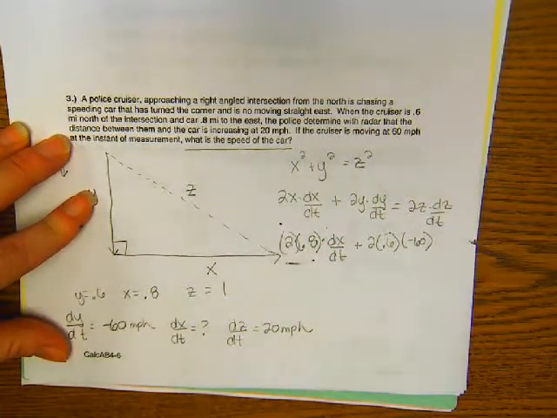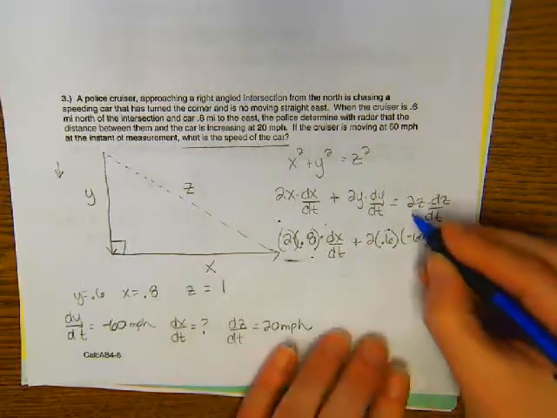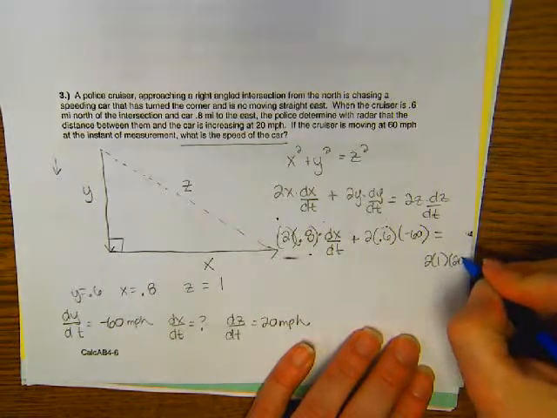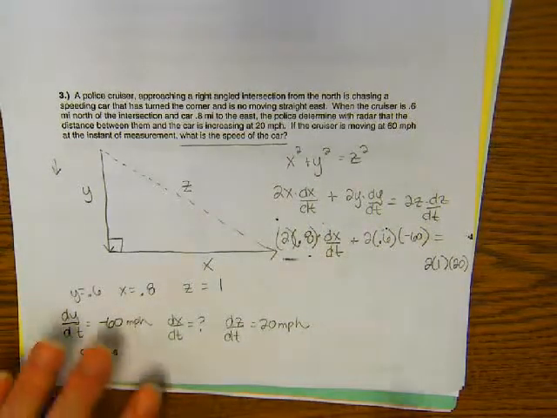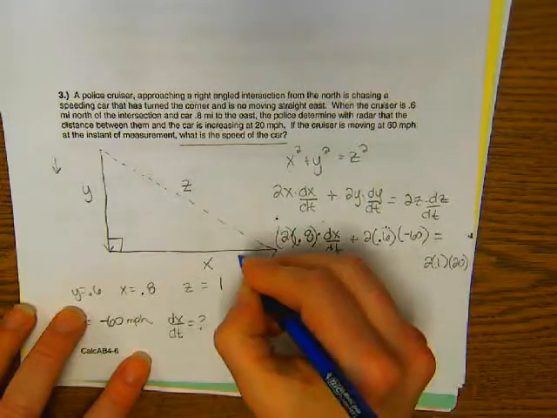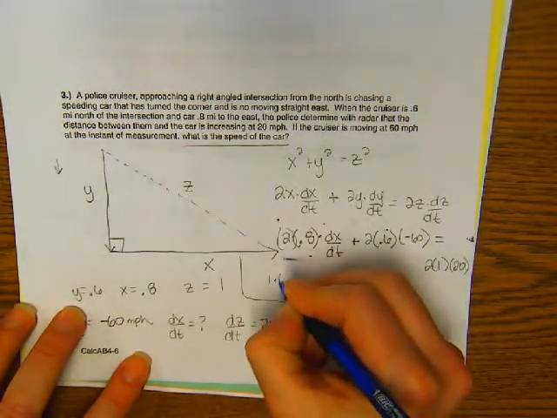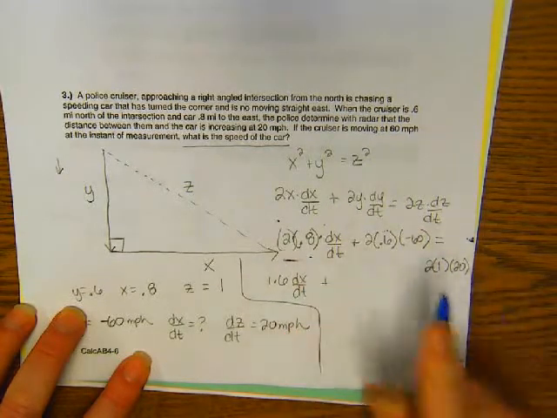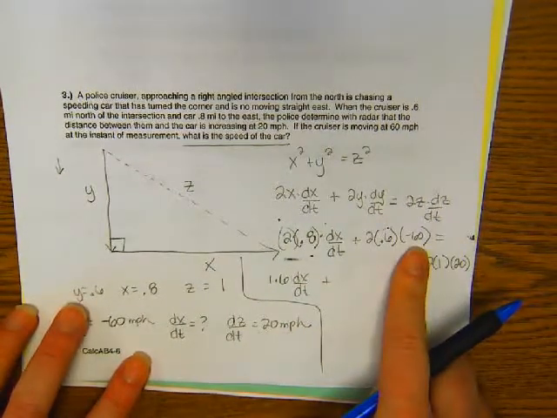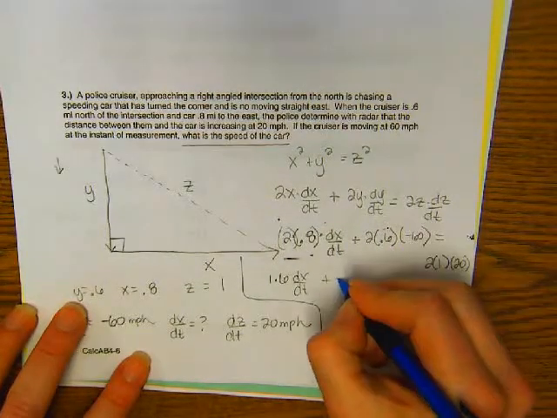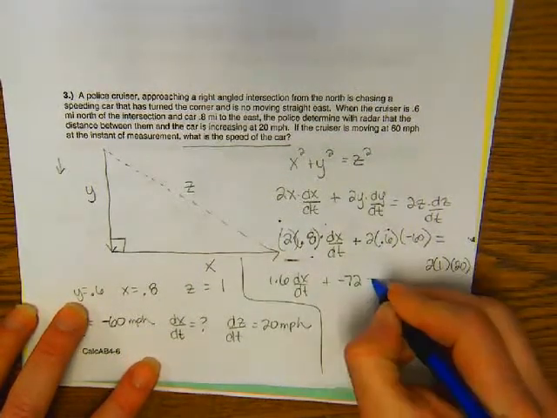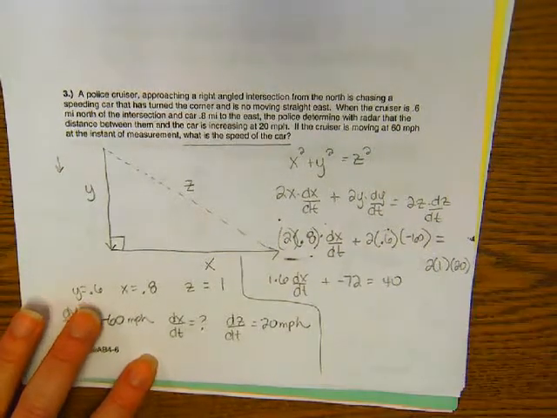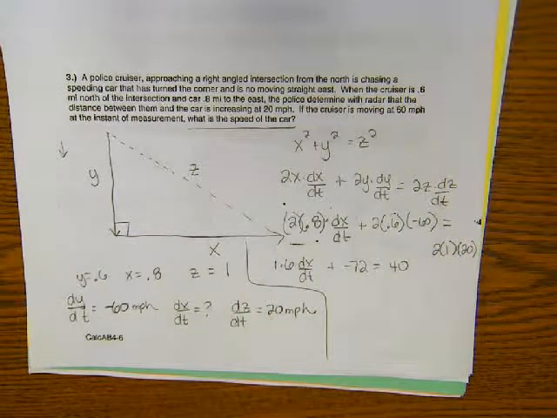And what's on the other side would be 2 times 1, because z is 1, times 20. So that leaves me with 1.6 dx/dt plus, what's 2 times 0.6 times negative 60? Negative 72 equals 40. Can you guys finish it for me? Would you solve for dx/dt?